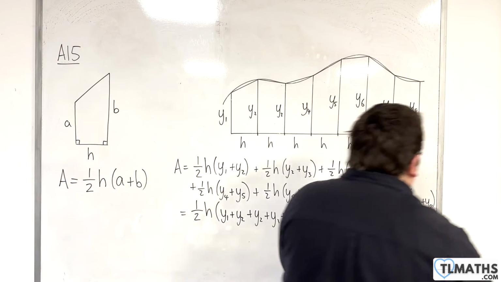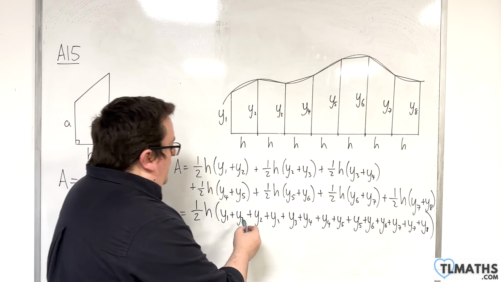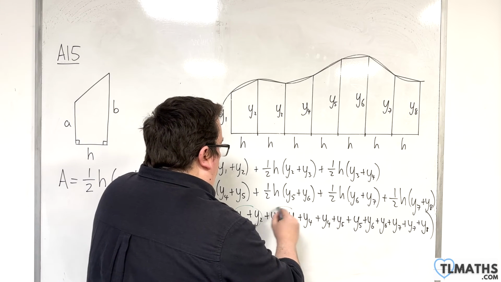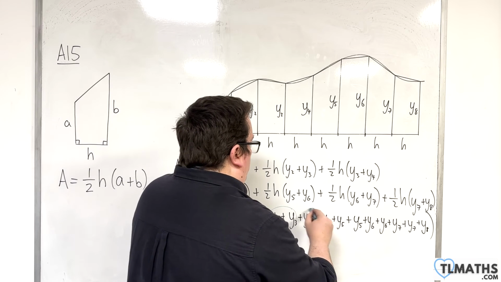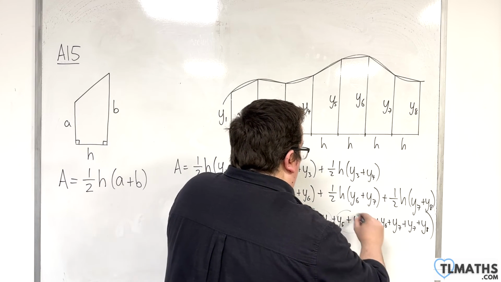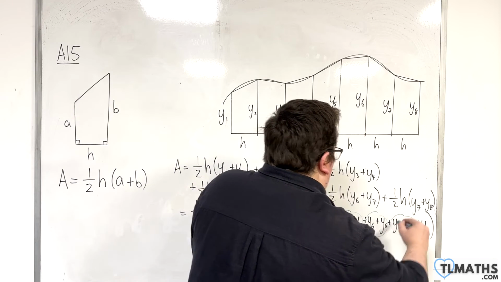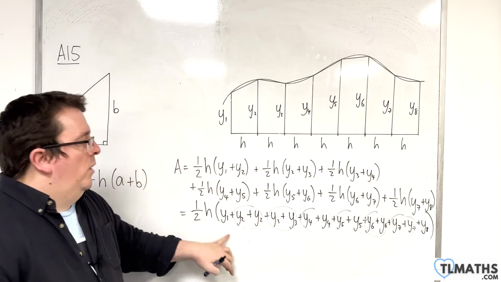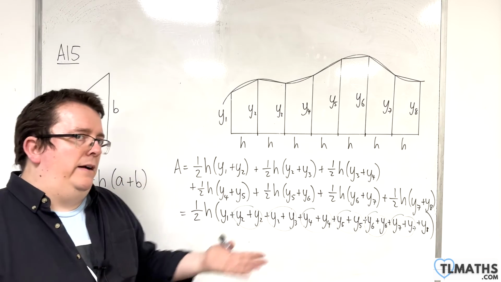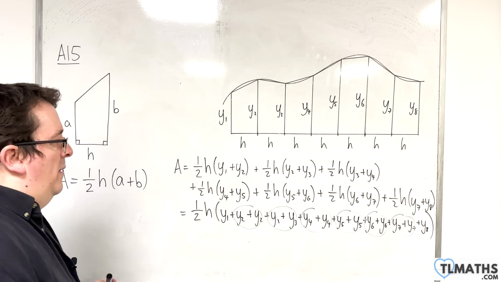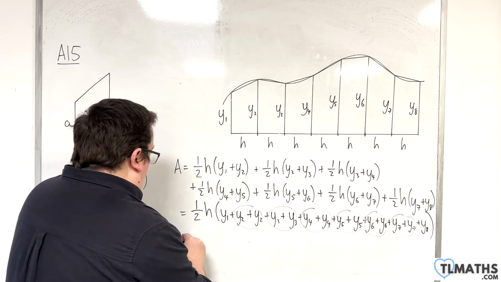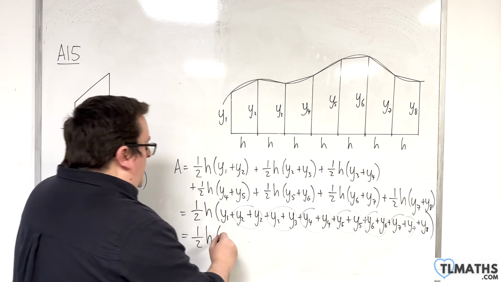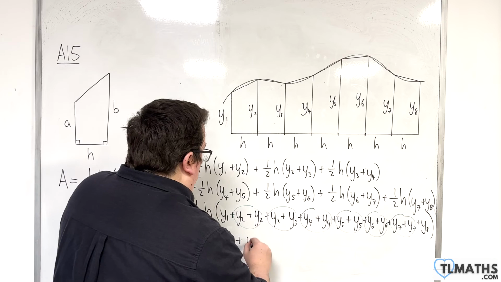Now, notice how you've got y2 plus y2. Pair of those. y3 plus y3, pair. y4 plus y4, pair there. Two of those, two y6s, two y7s. Right? So the y1 and the y8, they don't have a pair. Okay? They're just by themselves. So you could write that as 1/2 h times y1 plus y8.